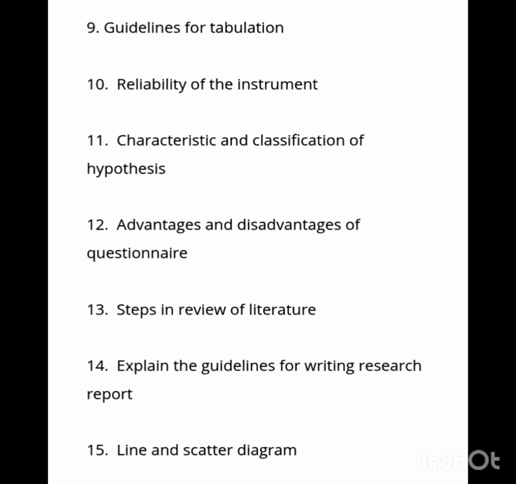Okay, and characteristics include clarity, testability, feasibility and specificity. So these are the four characteristics of a hypothesis. So those are clarity, testability, feasibility and specificity.